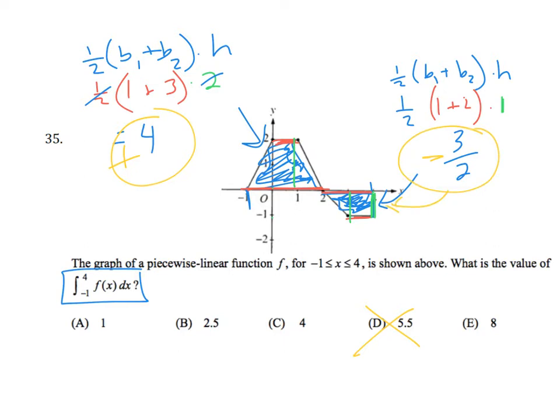So if I take that into account, then I'm getting 4 minus 3/2, which is 8/2 minus 3/2, 5/2, or 2.5, 4 minus 1.5. So the correct answer there is B, 2.5. Hopefully that helps you to understand that question. Great question.